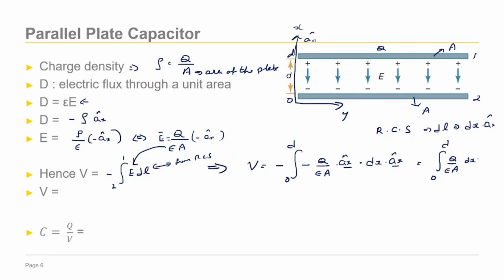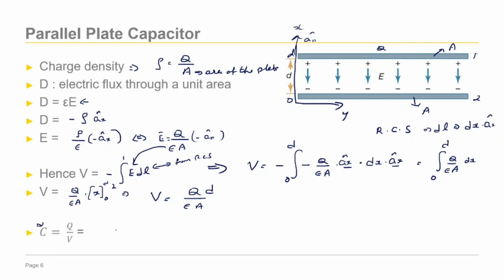Now a closer look shows that Q by epsilon A is a constant, so our voltage can be put as Q by epsilon A times the integral of dx. Integral of dx is x, so x within the limits 0 to D. So that's going to give us that our potential V is Q by epsilon A times D.